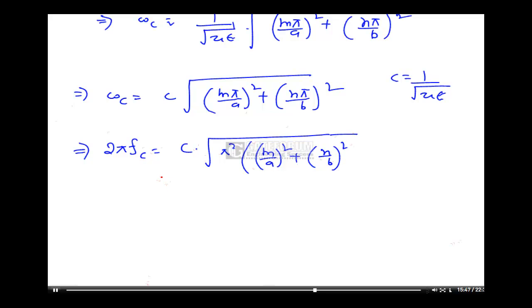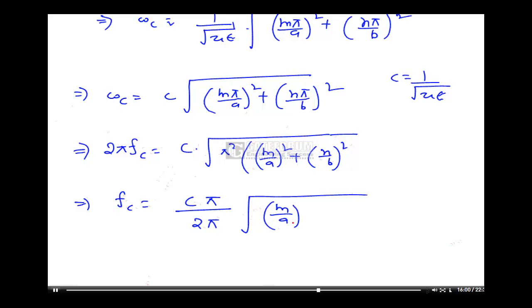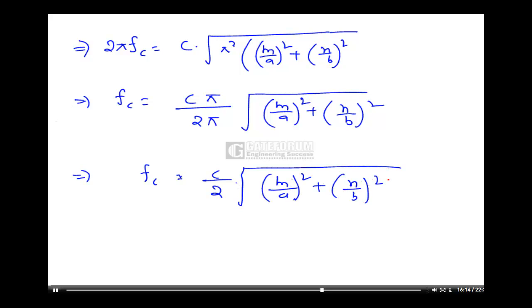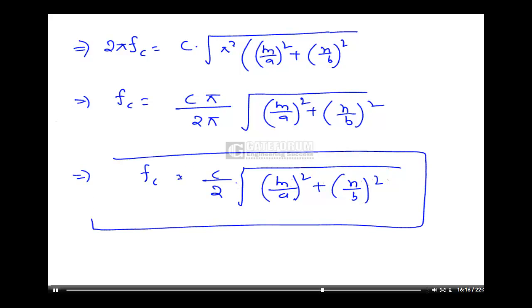Further simplifying the equation, fc is equal to c by 2 into the square root of (m by a) whole square plus (n by b) whole square. So this is the equation for the cutoff frequency of any mode.